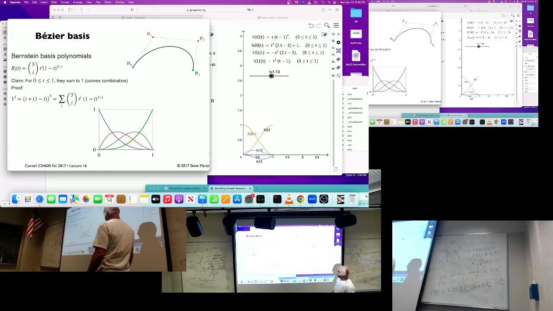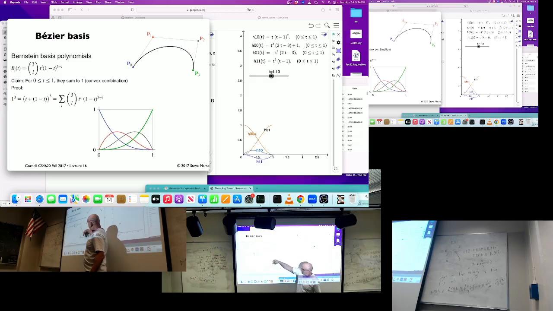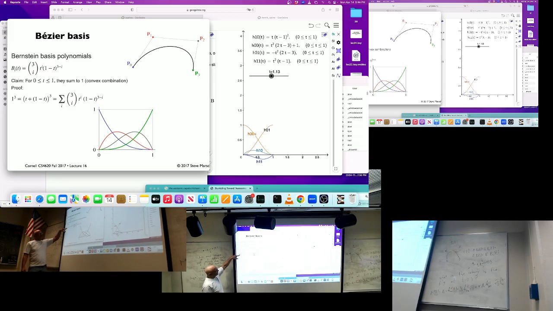Okay, but I want to convince you that for every time, the sum of all these polynomials sum up to 1, that it's a convex combination. And why is this? Because let's say I take some time t, and let's evaluate what is 1 to the power 3. 1 to the power 3 is 1, but I will write it in a complicated way as t plus 1 minus t, all of it to the power 3.